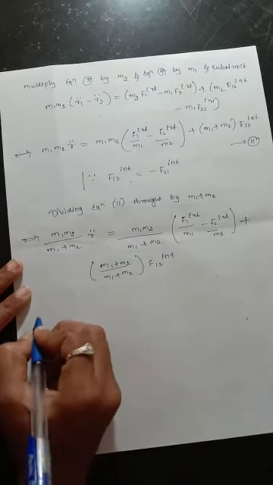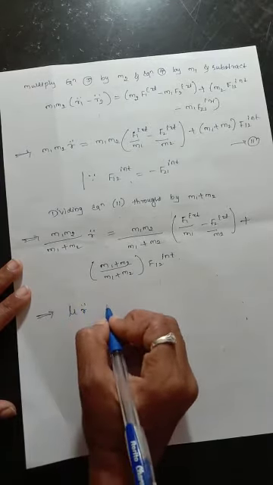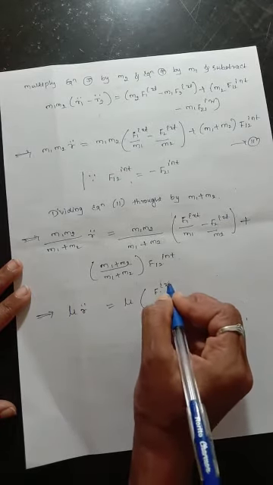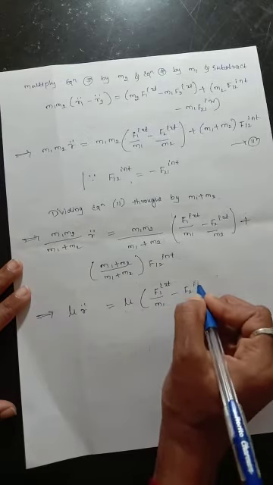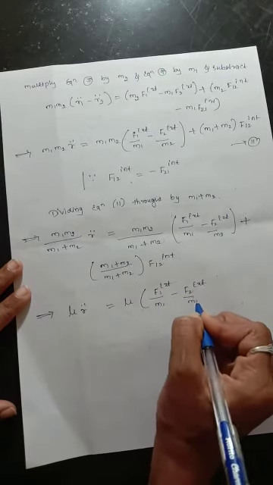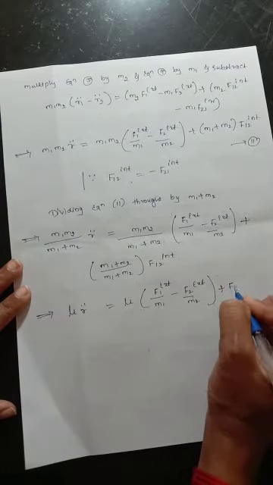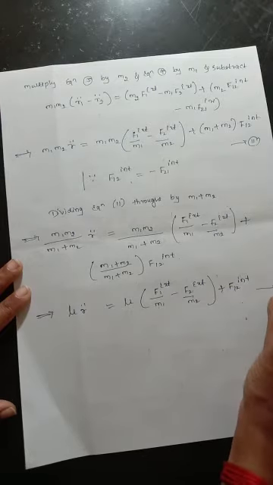Okay, next, see here, mu r double dot equals mu (f1 external divided by m1 minus f2 external divided by m2) plus f12 internal, as the m1 m2 get cancelled. This is expression 12.